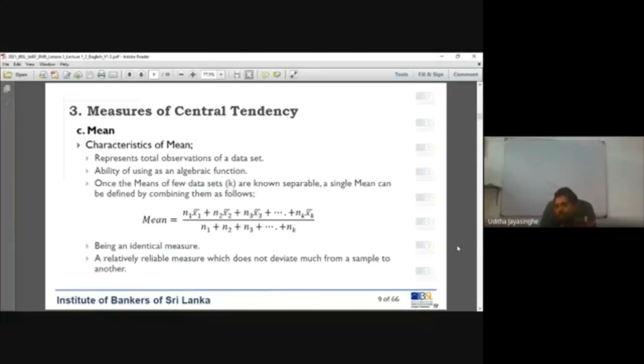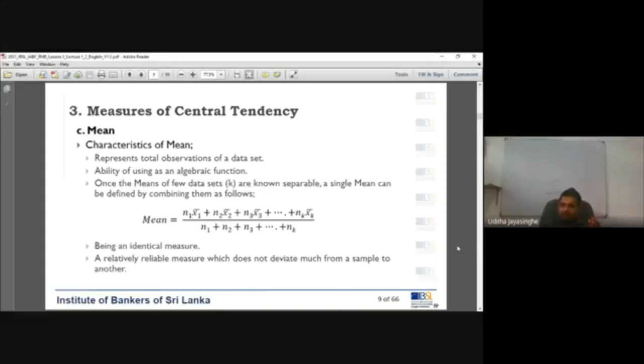So, what about the other two indicators, mode and median? Don't they represent the entire data set? It does not. Why? Mode, we learned, is just the most frequently occurring value. Median, the middle point. But what about mean?